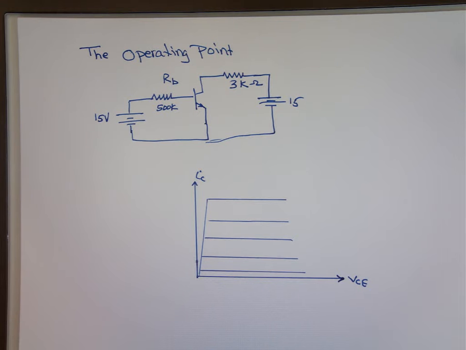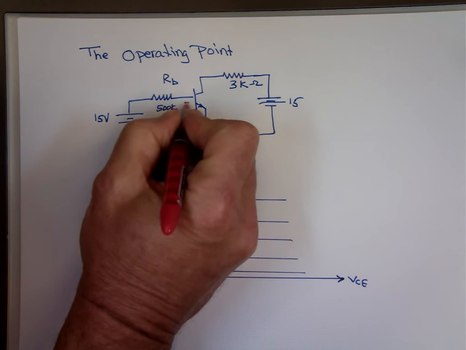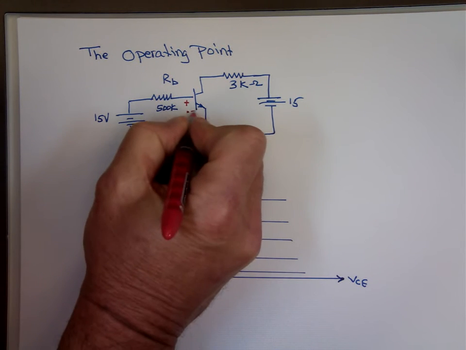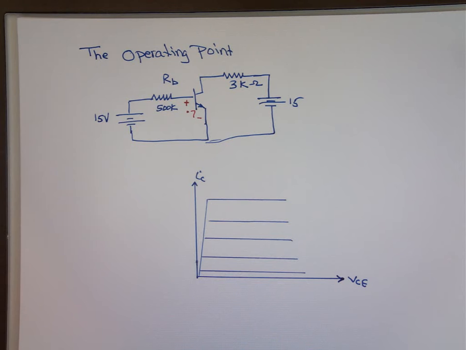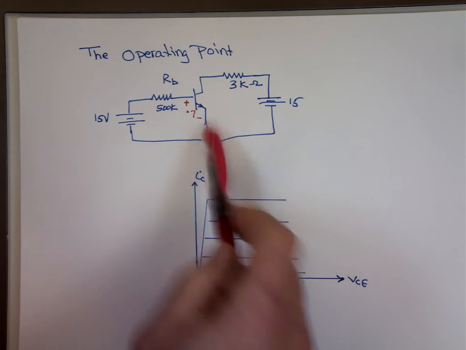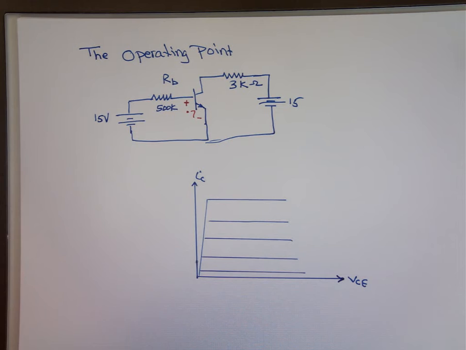Let me get a calculator here. So there'll be 0.7 volts right here. If we're doing first approximation, then this voltage is 0. Okay?